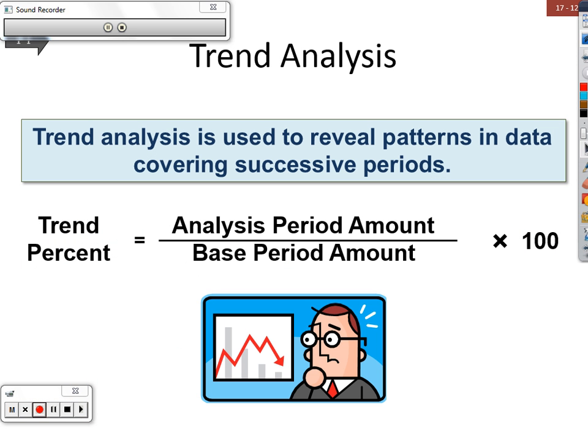Now, trend analysis. The reason why we use a trend analysis is to look at patterns in financial statements, okay, over a certain amount of periods. So you have analysis period amount, you have base period amount, divided by the base period amount, multiplied by 100. That's still the same as what?